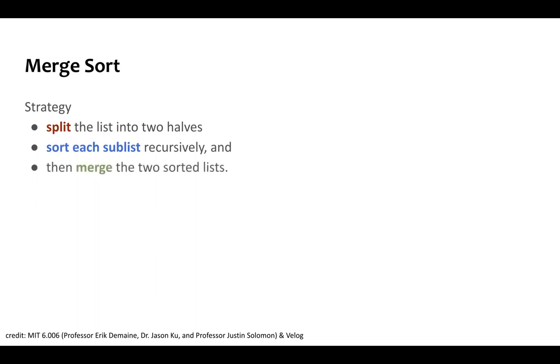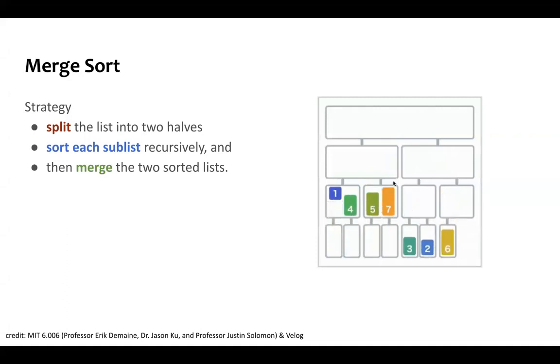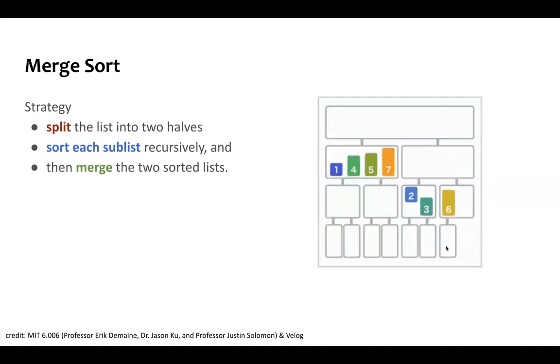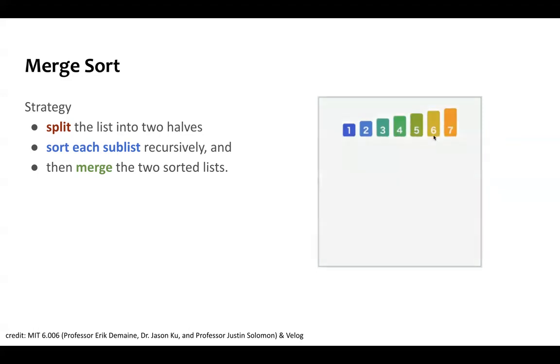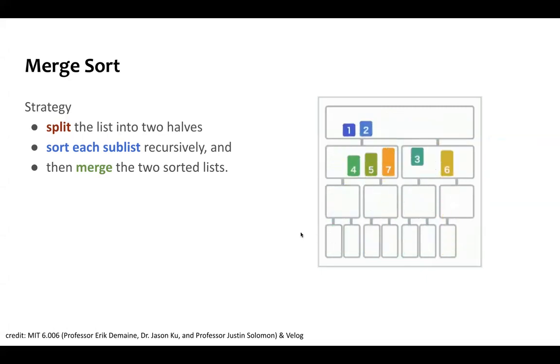And then, as the name suggests, we are going to merge the two sorted lists. So that is the strategy. And this figure shows, firstly, we divide, and sort each item and merge them. And it is going to be sorted like this. All right, this looks very simple. And let's implement this algorithm together.